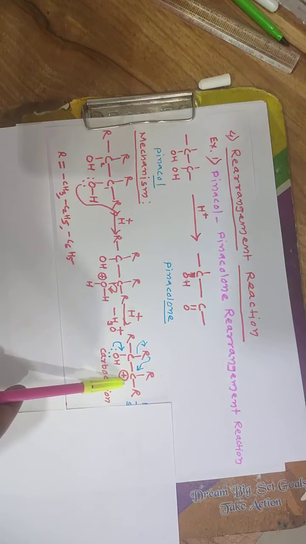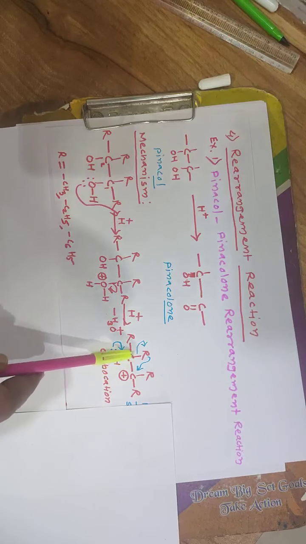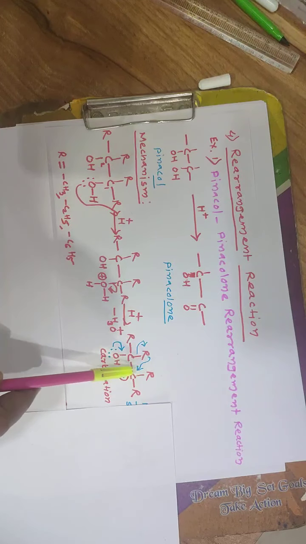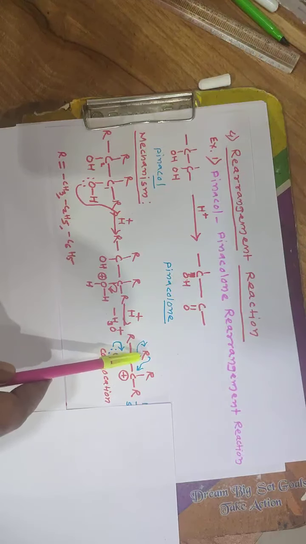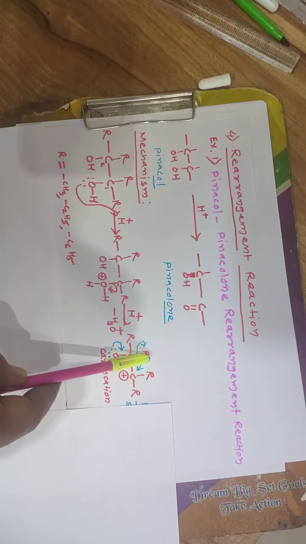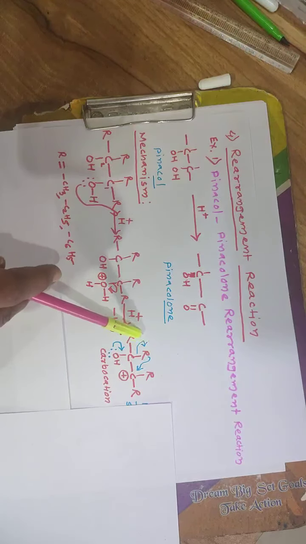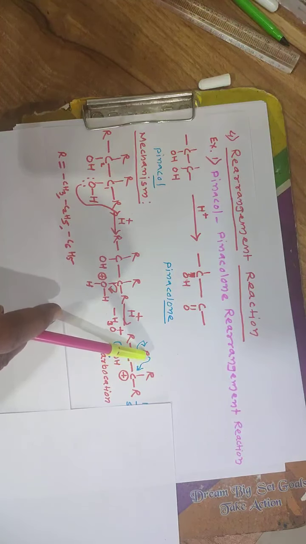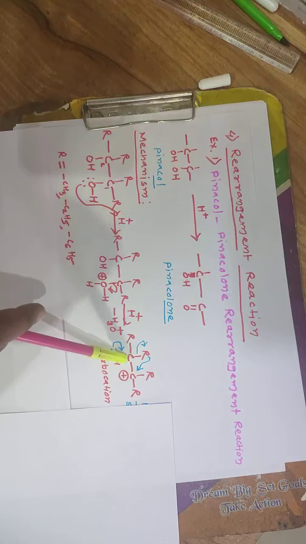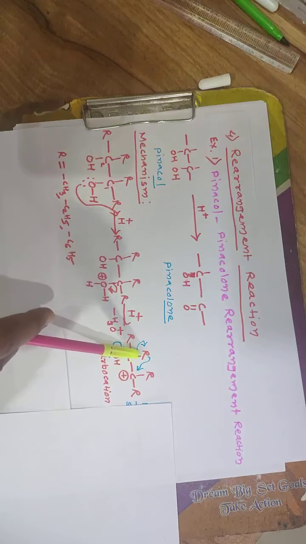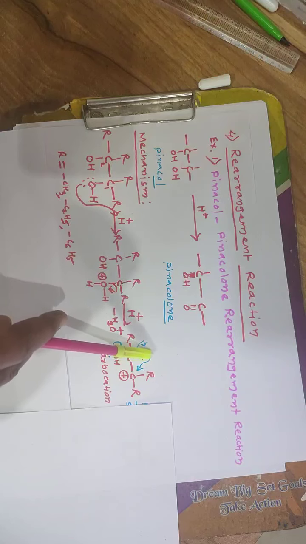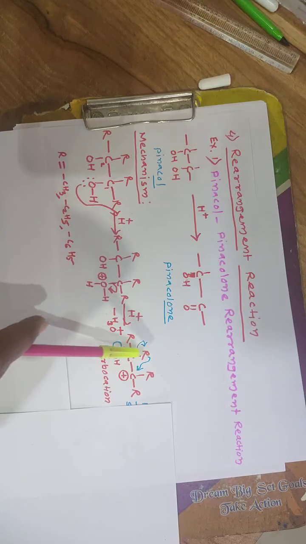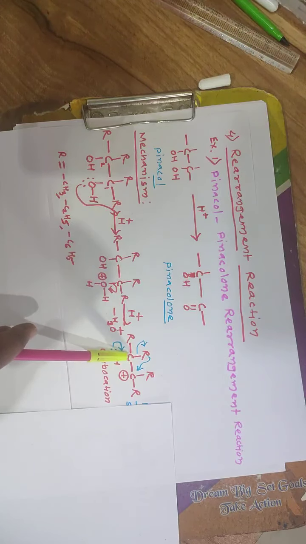Then the sigma bond between this carbon and this carbon will open on the R. Where there is a head, it becomes negative, and where there is a tail, it becomes positive. So this sigma bond opens on the R, which becomes R negative, and C becomes positive.